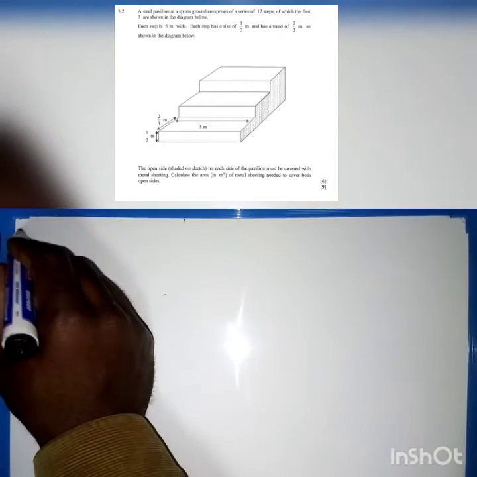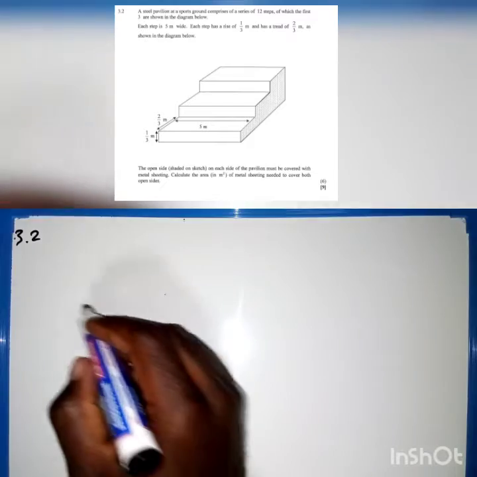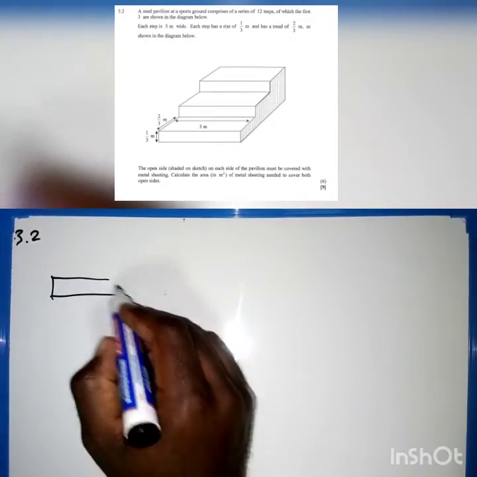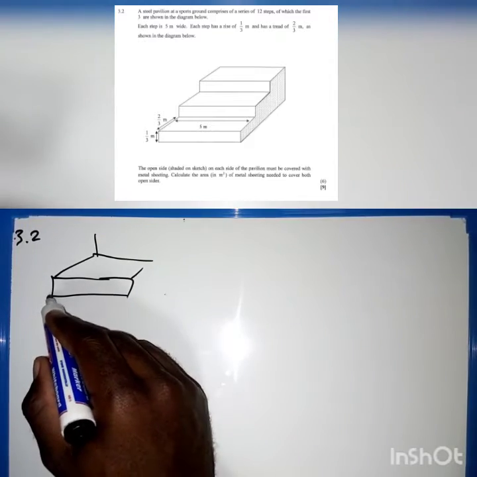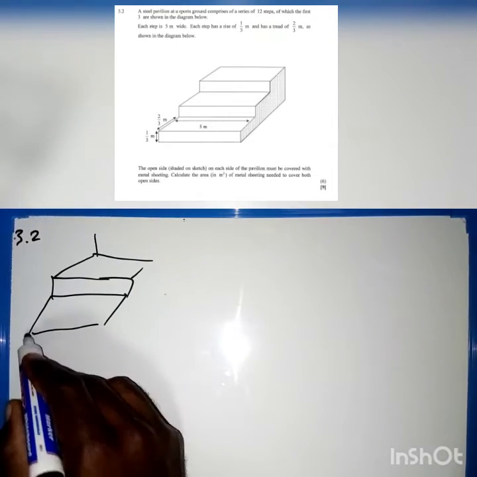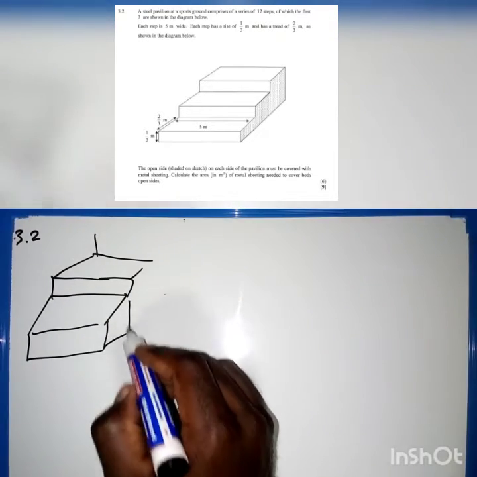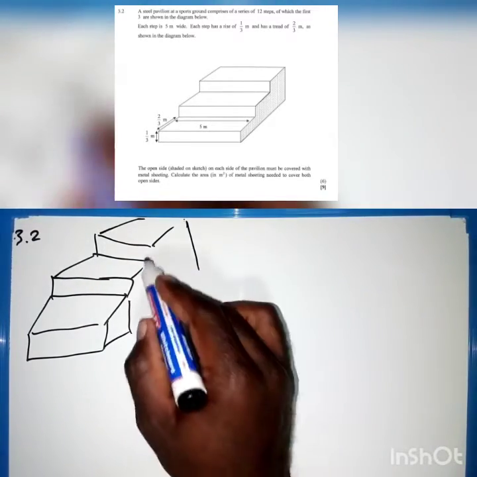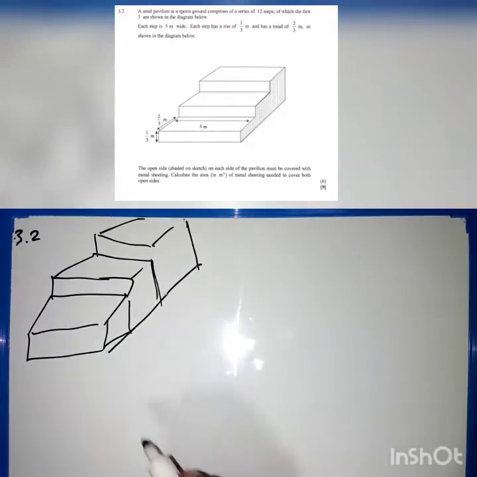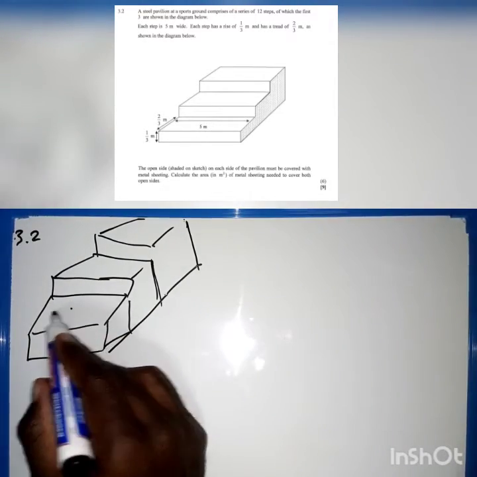So 3.2, we are given steps here. We go that way, and then these are our steps here, and then they say that this is 5 meters.